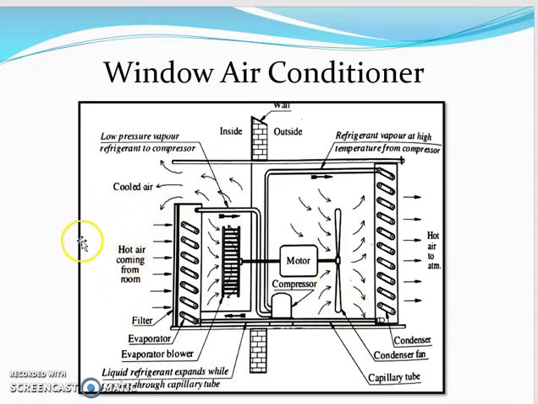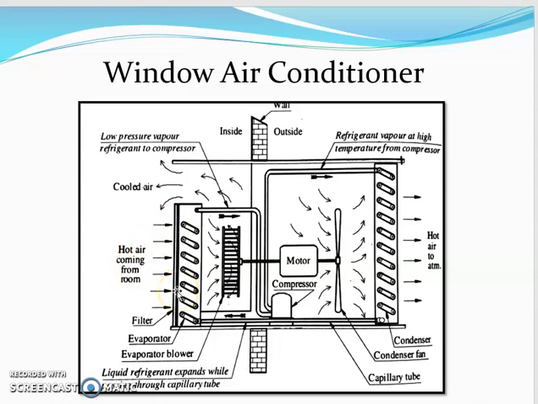This is the inside space, this is the outside space, and in between we have the wall. This is the window part where this AC is fitted. First we'll focus on the filter. The hot air coming out from the room is first passed to this filter.